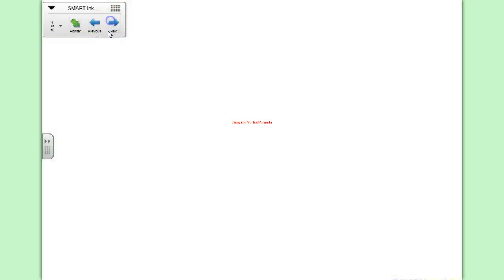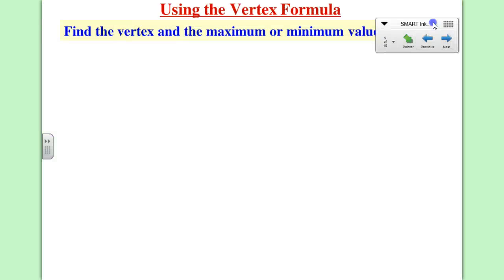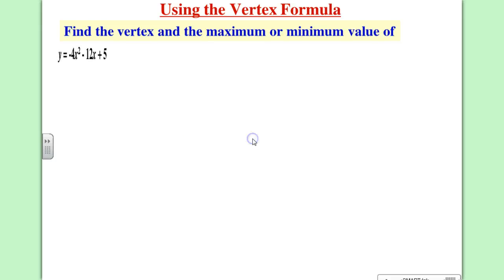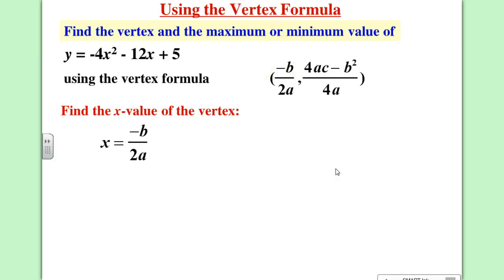So if you look at an example of how that might be used, a lot like the quad formula for quad equations, the vertex formula for quad functions can be used in an interesting way. Using the vertex formula, what's the vertex of this? You would have to complete the square, whereas this person simply goes, oh, I know what the x value for the vertex is. I plug in b and a, and I get -12 over 2 times -4.